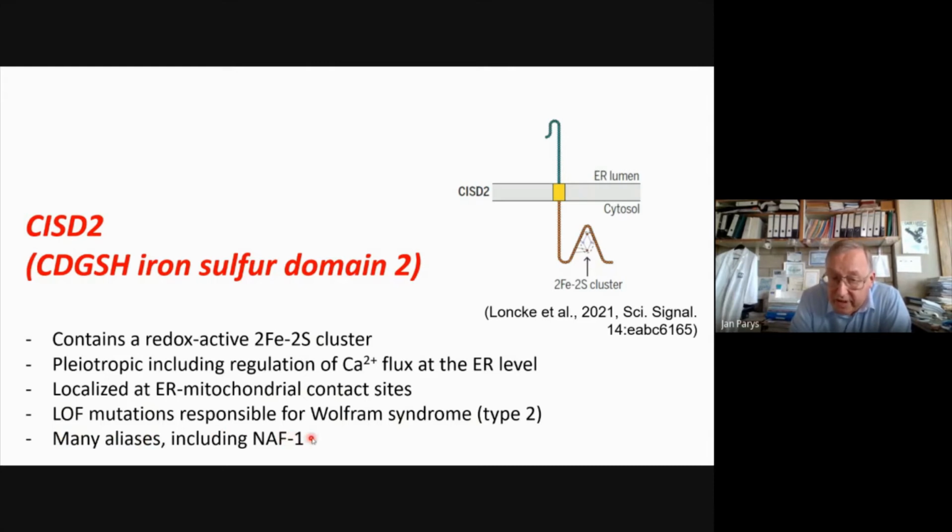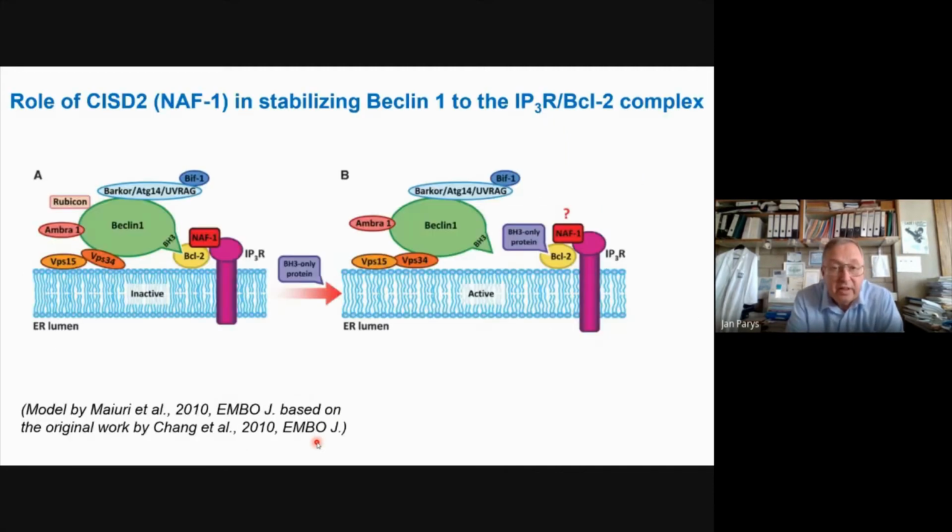There are many more names, but NAF1 is a little bit better known in the calcium community, I think, because of the original work now 12 years ago of the group of Gordon Shore. And in this work, Gordon Shore showed that NAF1, so CISD2, is stabilizing the interaction of BCL2 with beclin, and so inhibiting autophagy.